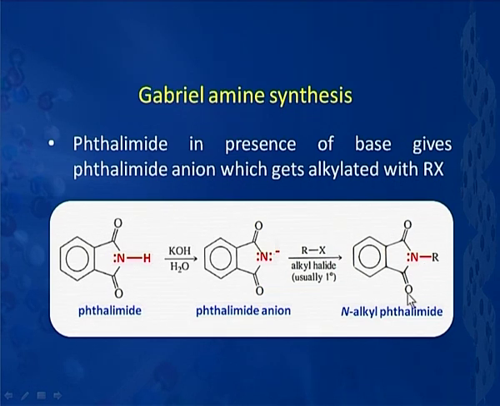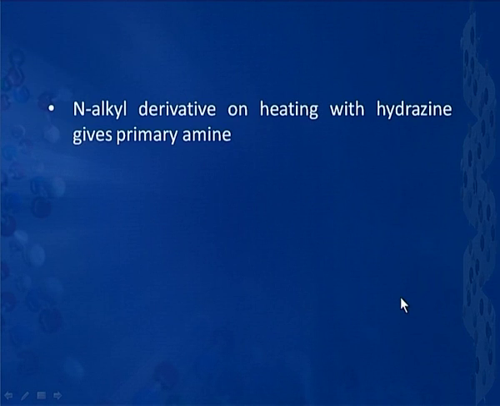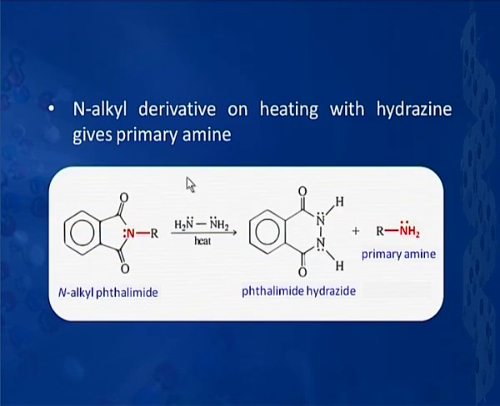So, that is my first step. Then in the second step, I heat this alkyl derivative with hydrazine. With hydrazine, I get a hydrazide and my amine comes out as a product. It is a very simple method of preparing primary amines. So, that is one method which we are going to integrate into this synthesis.